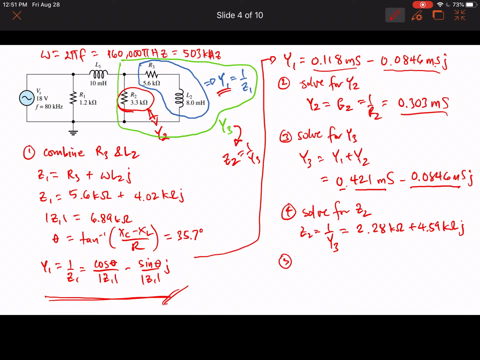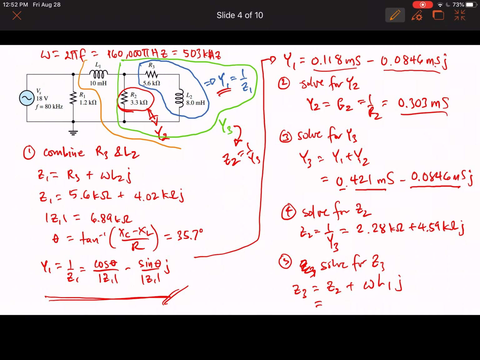We get Z3, okay. So just to complete, solve for Z3, so we get Z3 equal to Z2 plus omega L1 j hat. Okay, and then we get Z3, which is the combination of this.